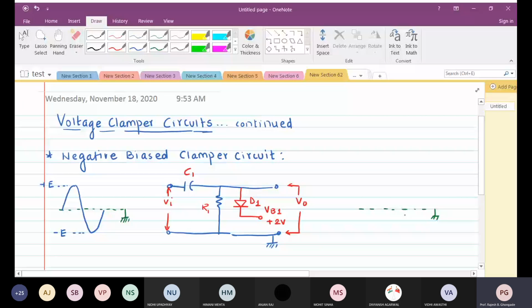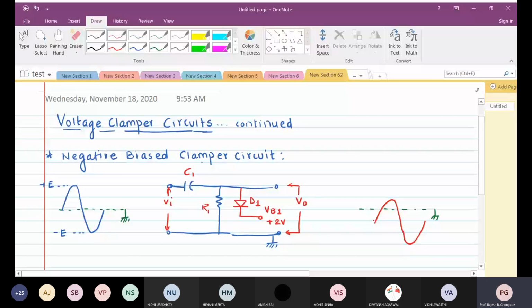And that is equal to that VB1. So this is what happens.